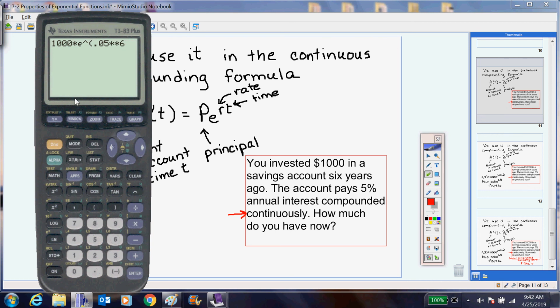Oops, I've got 2 times in there. That'll make a problem. Delete. There we go. And then we can hit enter. So there you go. So now you know. So we get $1,349.86 by doing that process.